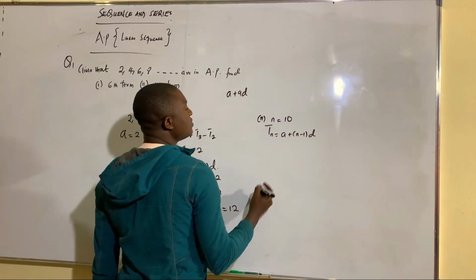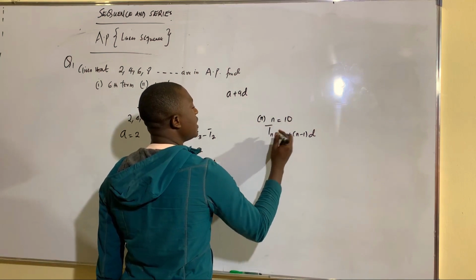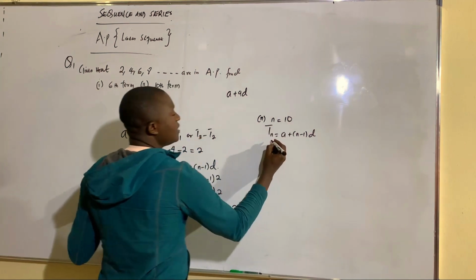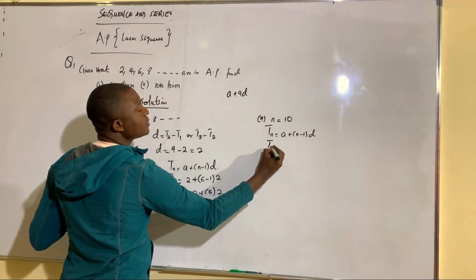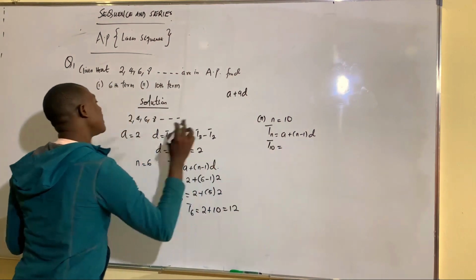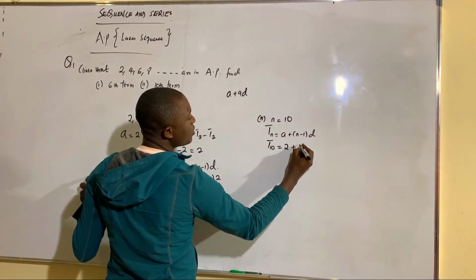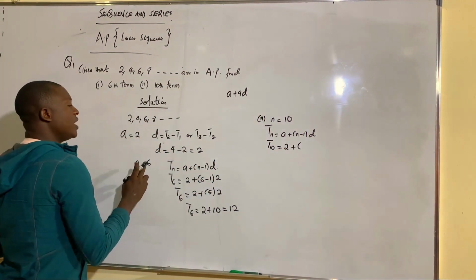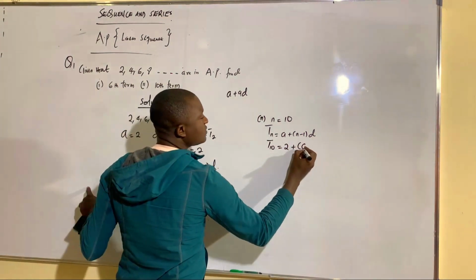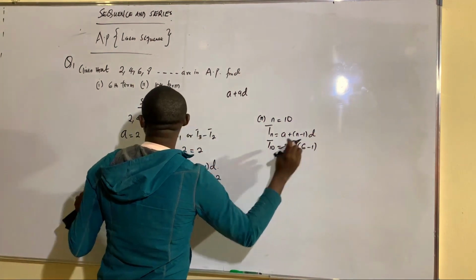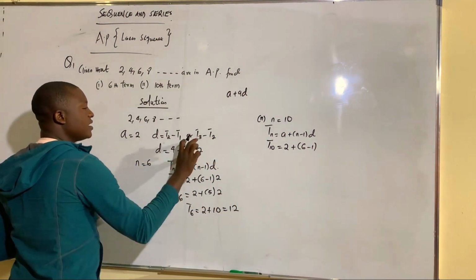By using the formula and the data that we have been given here, that means we have T10 equal to, our first term is 2. So that means we have 2 plus the number of terms, 6, that is 6 minus 1. The common difference is 2 as well.